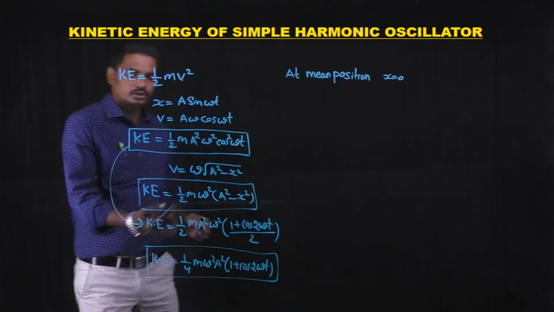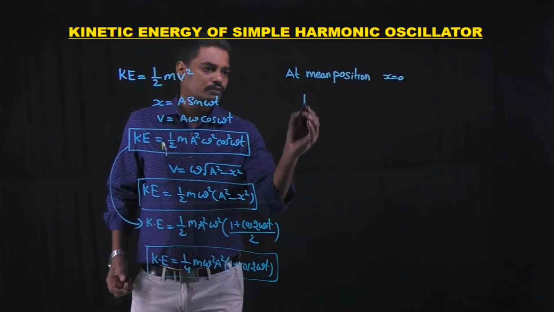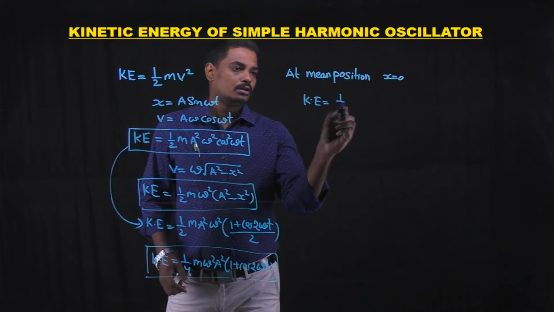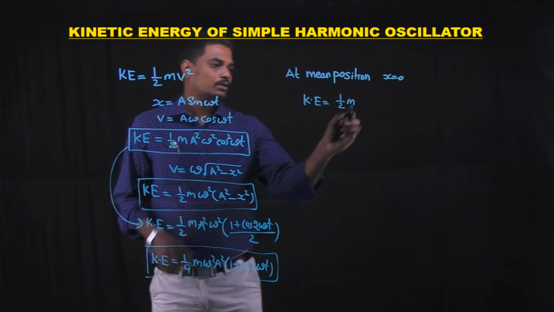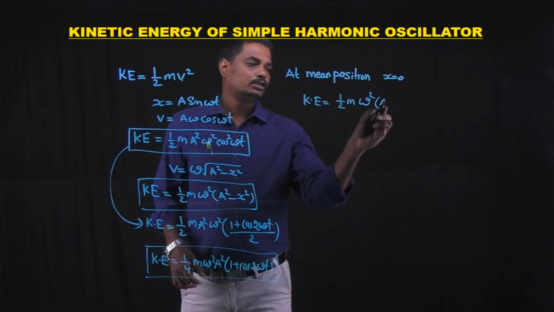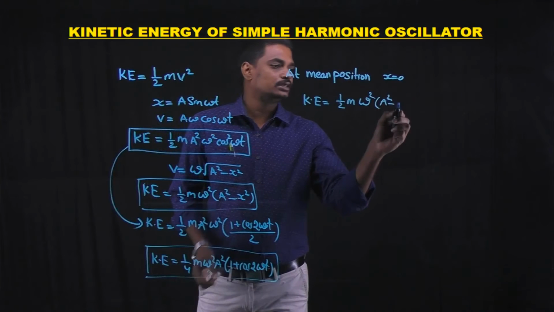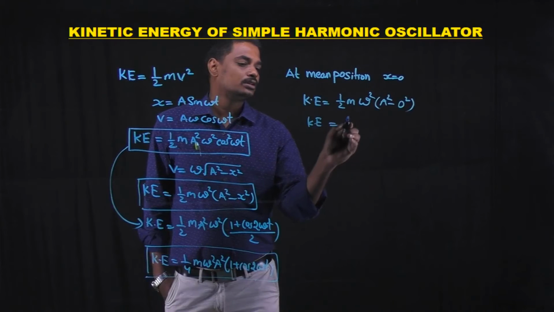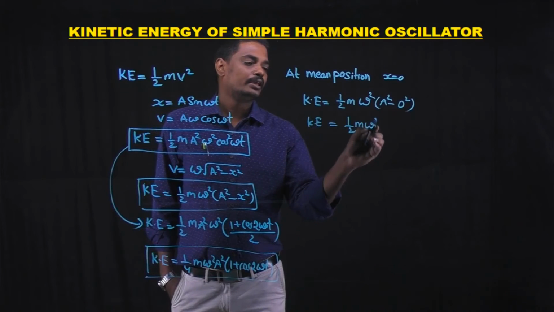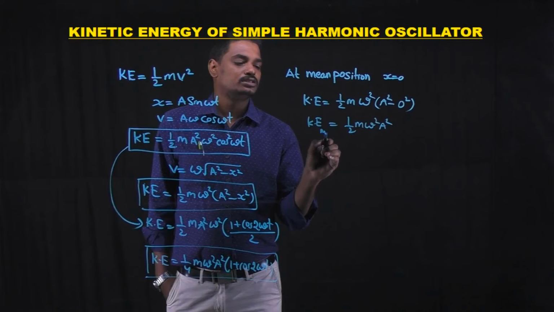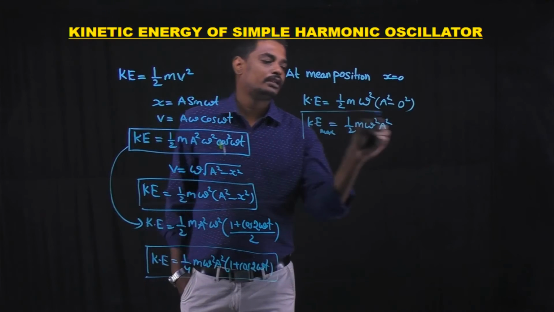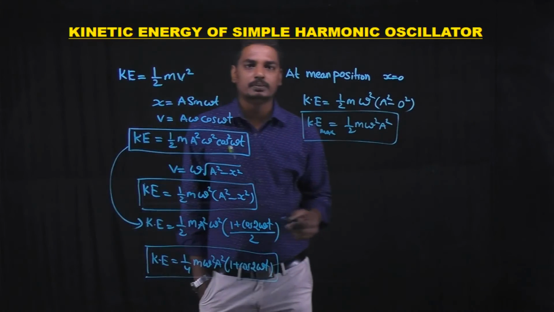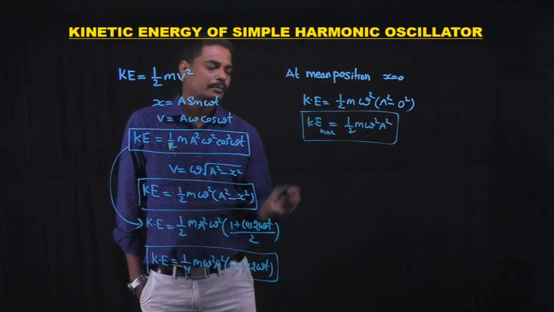Substituting x equal to 0 in this equation, we get kinetic energy KE is equal to half m omega square into A square minus 0 square, so KE is half m omega square A square, which is the maximum value. So kinetic energy will be maximum at the mean position, as velocity is maximum at the mean position.